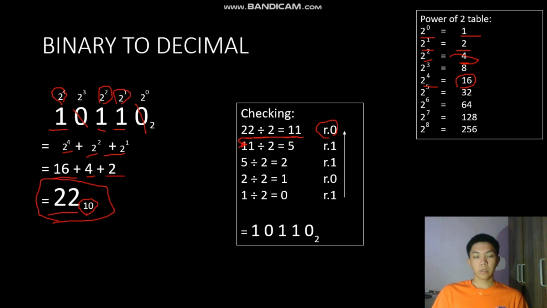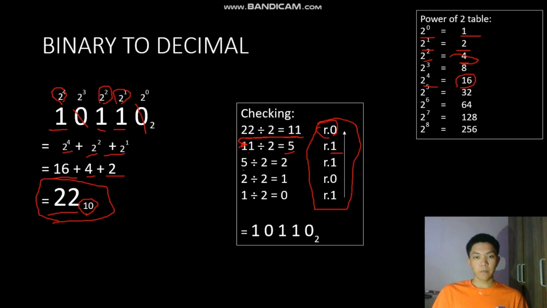So we have 5, with a remainder of 1. 2 times 5 equals 10, so there's a remainder of 1. So we have to put this remainder 1. The remainder is the important thing in this part, because it identifies our binary number.